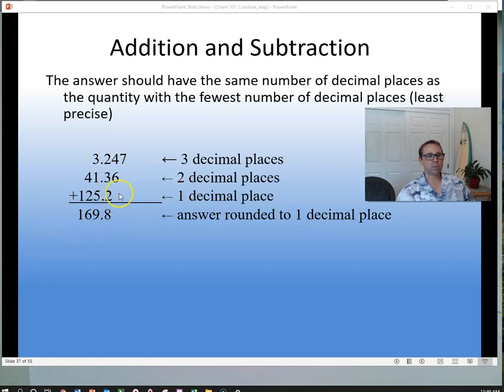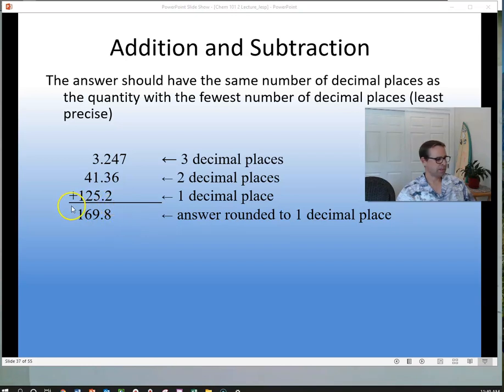Then you find out the one that stops having significant digits first, soonest. So this one right here stops at only one decimal place. So because of that, your answer has to stop at one decimal place.